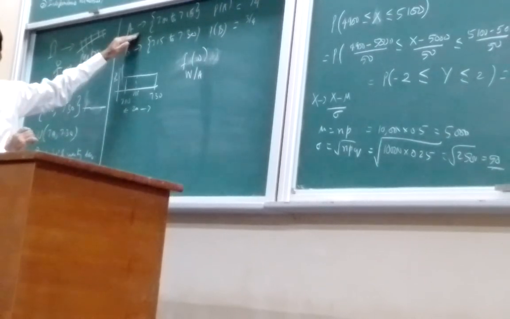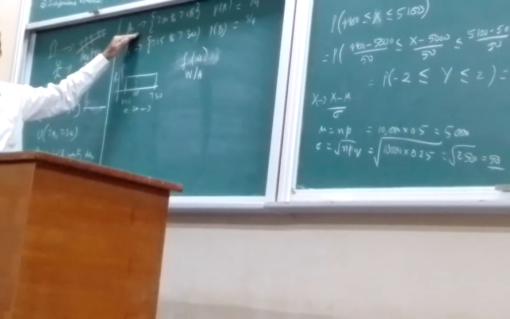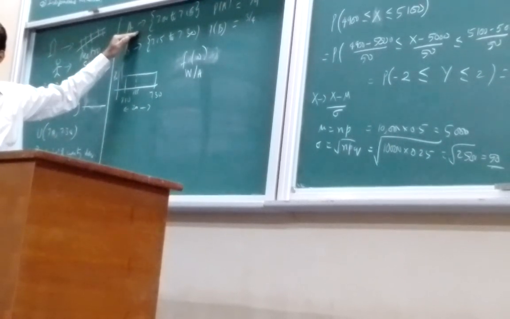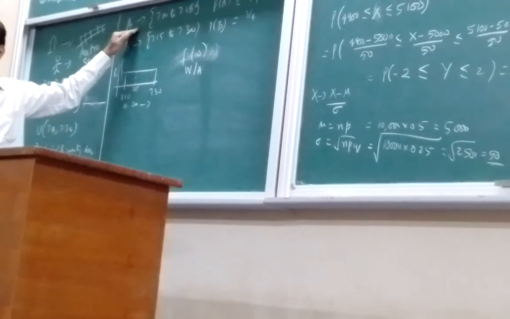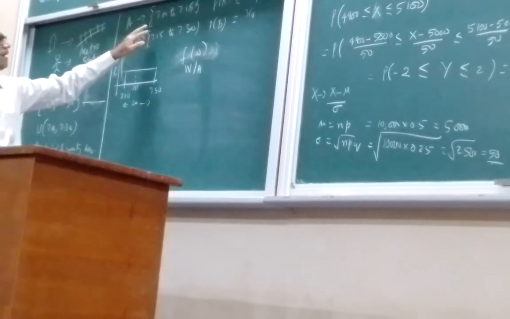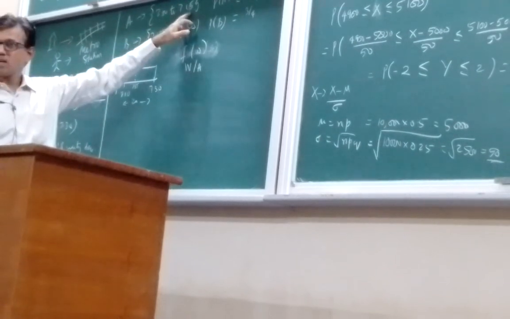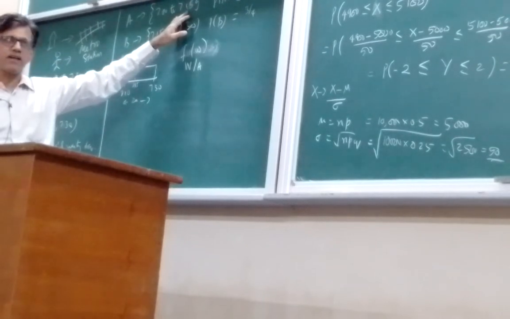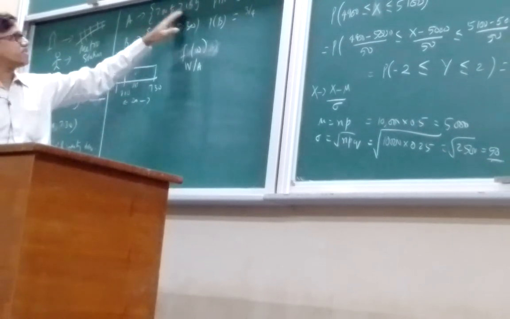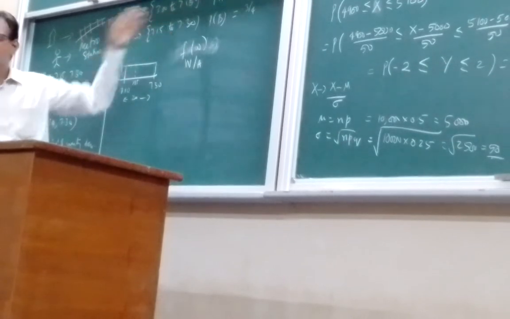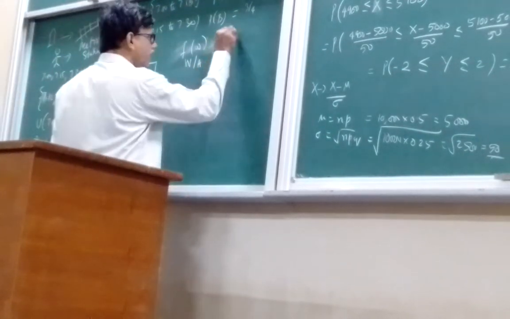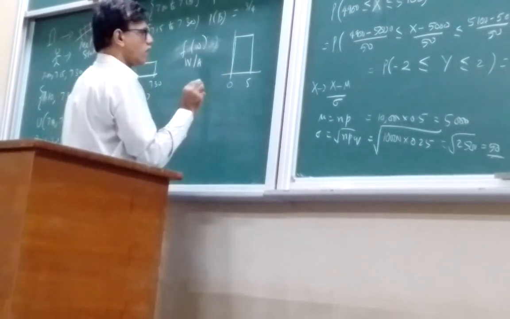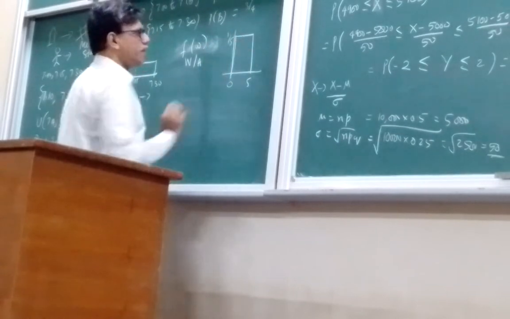So given that A has occurred, what will be my waiting time distribution? It will be uniform between 0 to 5 because given that I arrive before this one, I will definitely catch the 7:15 train, and maximum I will wait for 5 minutes, minimum 0 minutes. It's uniform between 0 to 5.